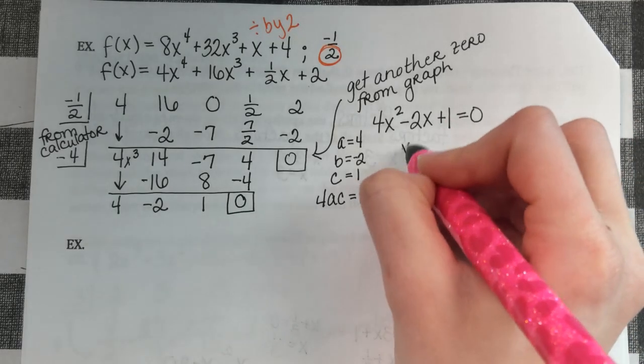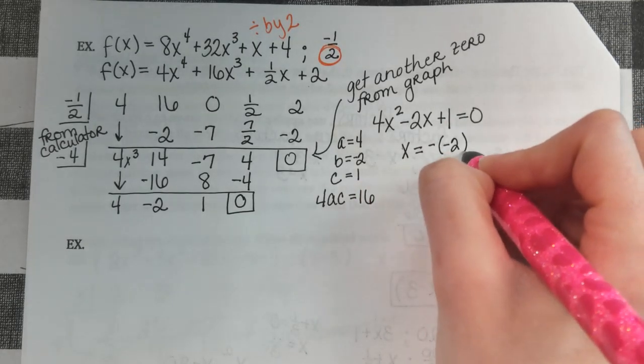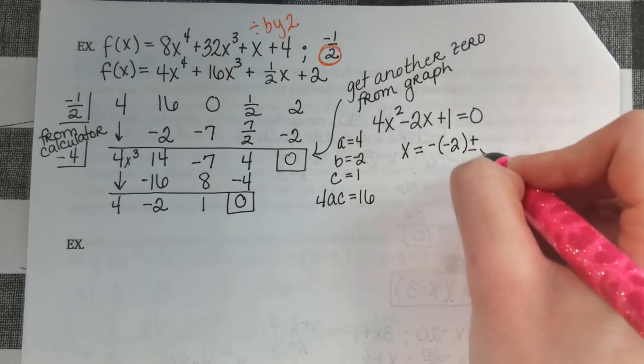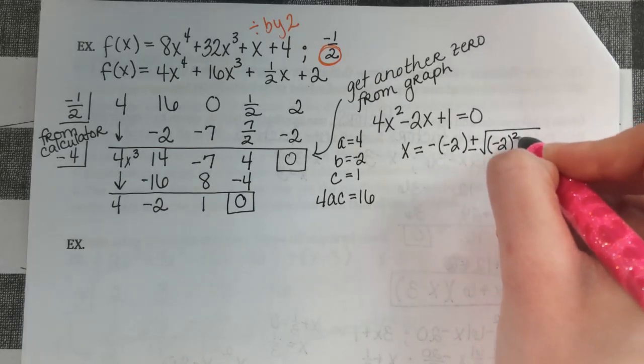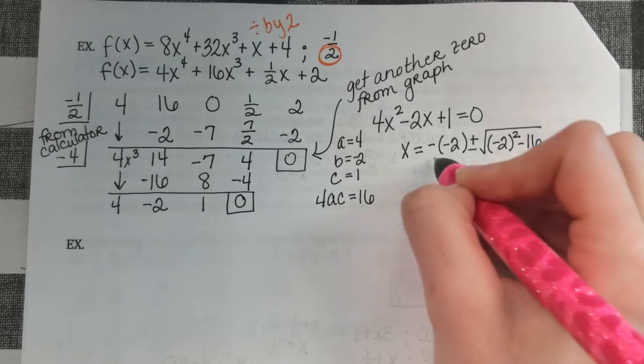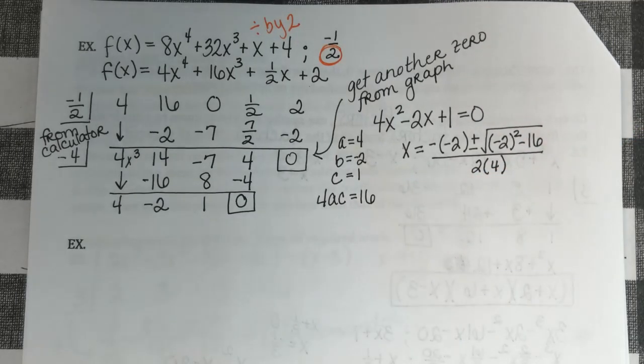So I have x equals negative b, so -2, plus or minus the square root of b squared, which is -2 squared, minus 16 all over 2 times 4.